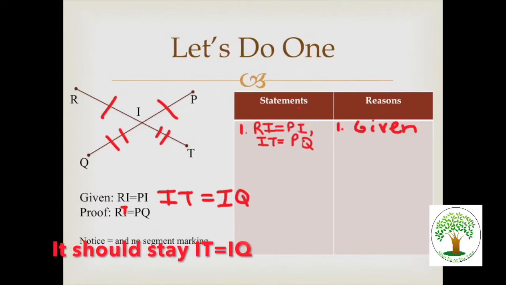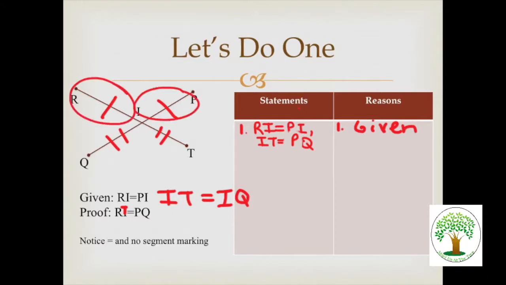All right. So we're going to talk about this together first. We have the top pieces, which are equal to each other, and the bottom pieces are equal to each other.